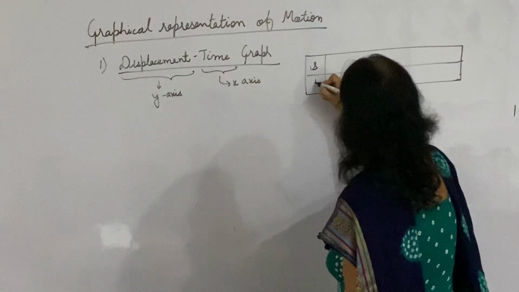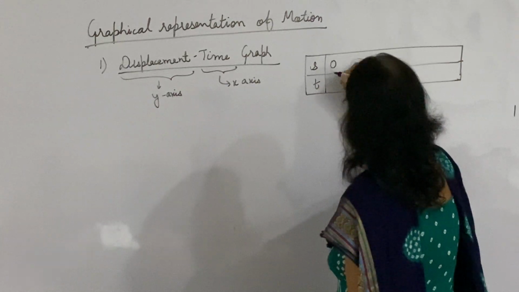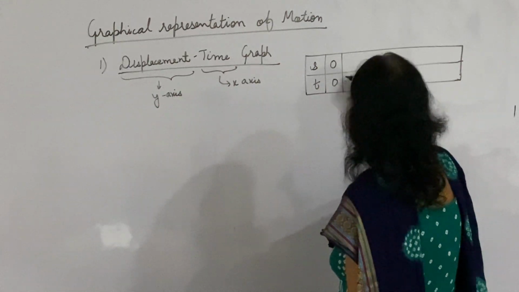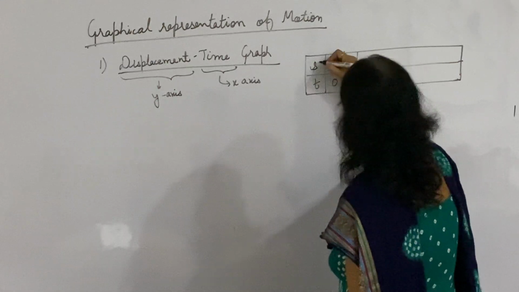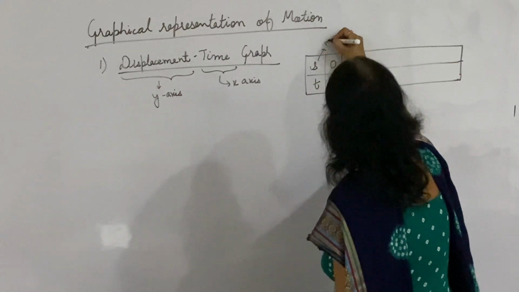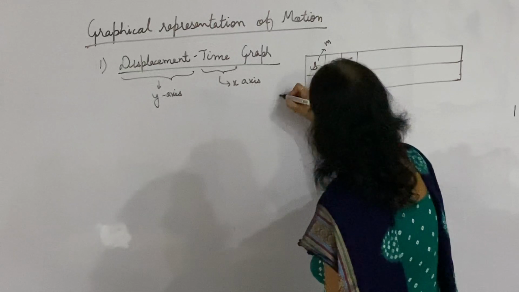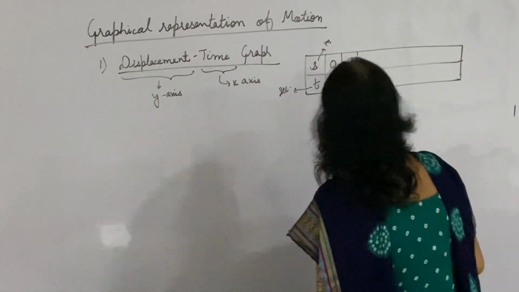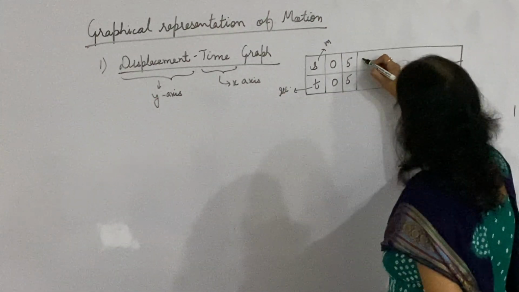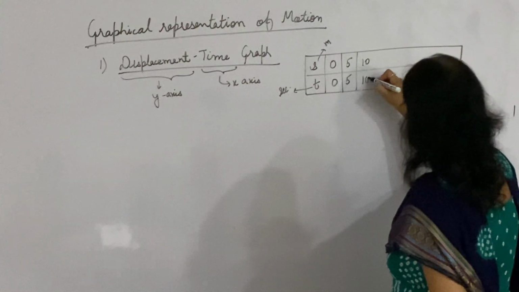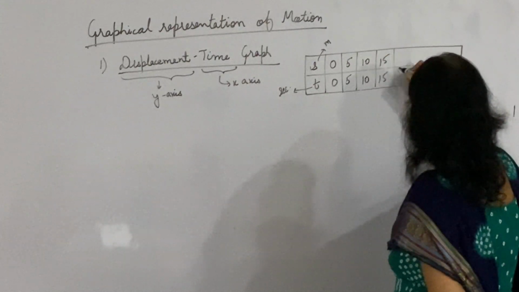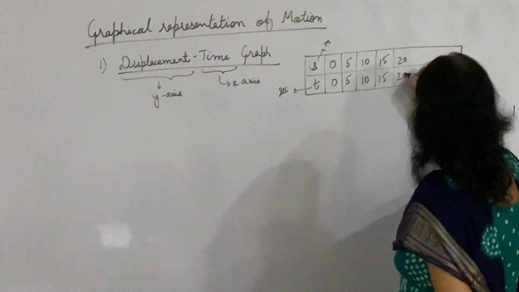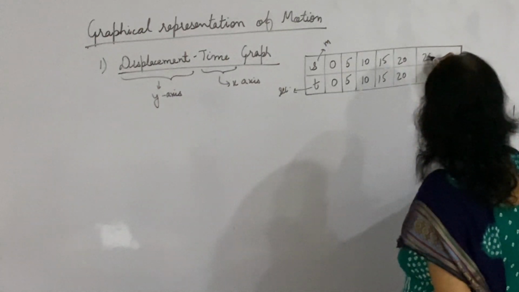S is the displacement in meters and T is in seconds: displacement 0, 5, 10, 15, 20, 25 at times 0, 5, 10, 15, 20, 25.